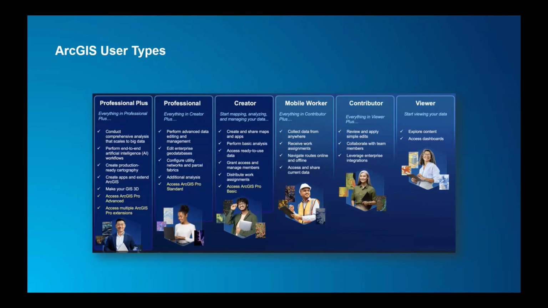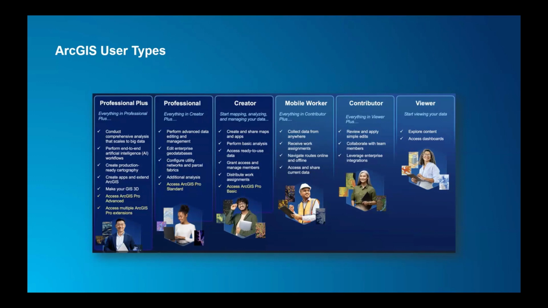Further is the creator, which includes everything that you will find in the mobile worker user type. So as we progress, whatever capabilities are found in the previous tier would be in the one that follows. This user type also includes capabilities that let users create and share maps and apps. So there are some sharing capabilities from this user type and those that follow.